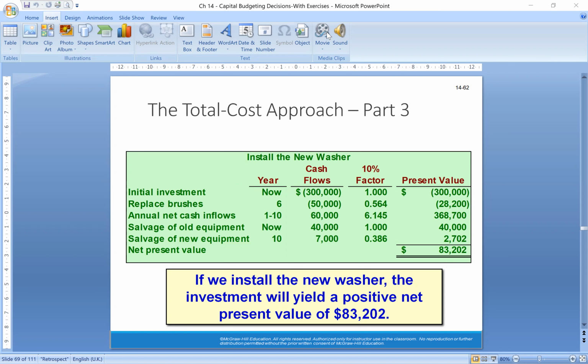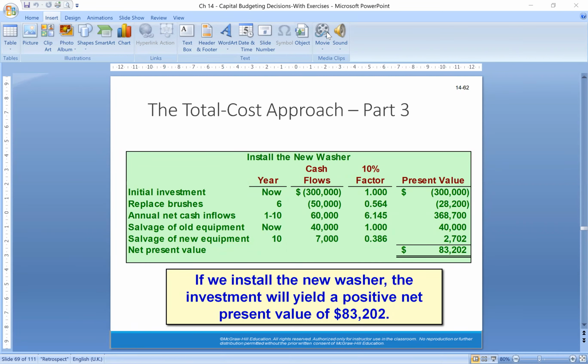Salvage value of the old equipment. By the way, we are calculating the present value for each alternative. If we install a new machine, then we can sell the old machine, which is the salvage value, to be sold when? Now. Why? Because we install a new machine, so we can sell the old machine now.